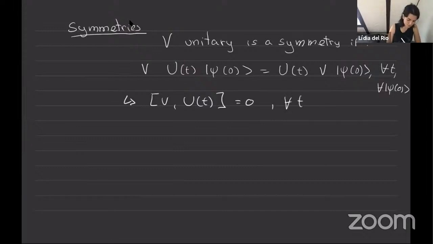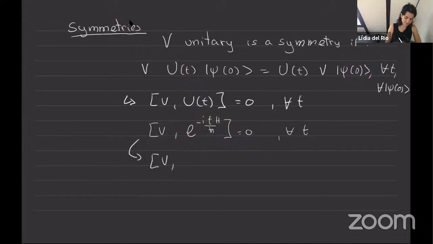And what is U of t? So this means e to the minus i t H over h bar, for all times. And again, if this was only true for one time, it did not imply necessarily that V must commute with H, but if it applies for all times, then it means that indeed V and H must commute. Okay?